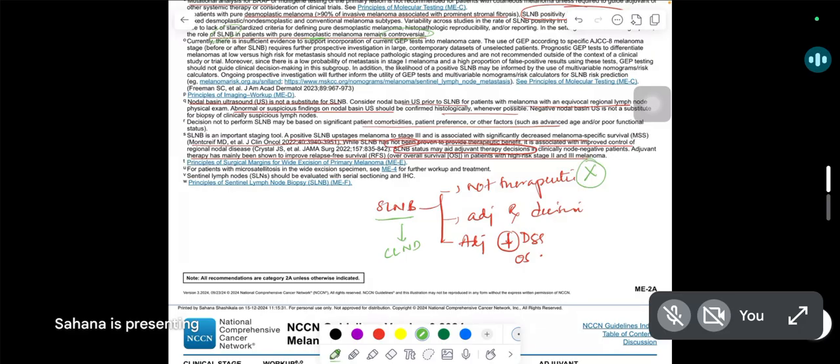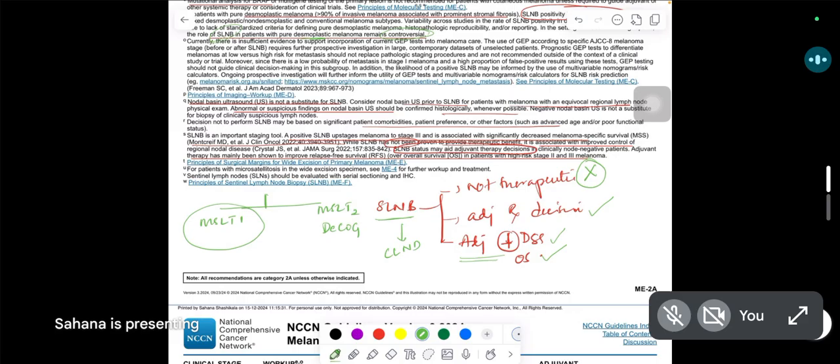So after SLNB, completion lymph node dissection can completely be avoided, and it can be taken over by adjuvant therapy. This adjuvant therapy is associated with better disease-free survival as well as overall survival. So when we are discussing the trials, MSLT1, MSLT2 and DeCOG.